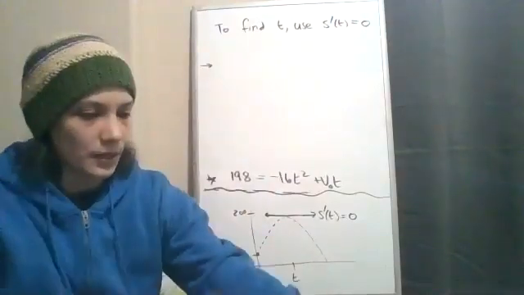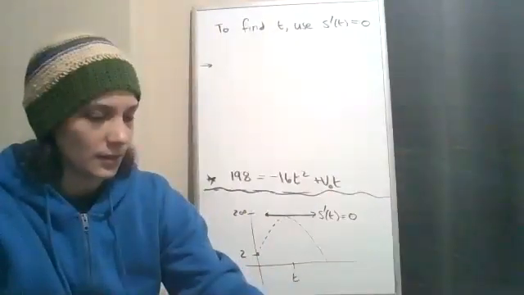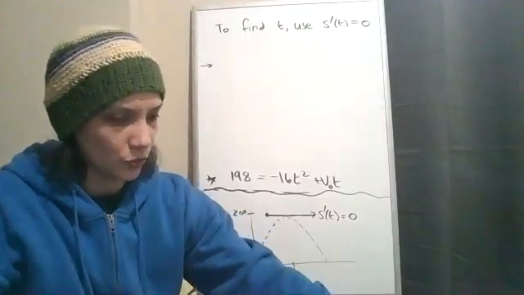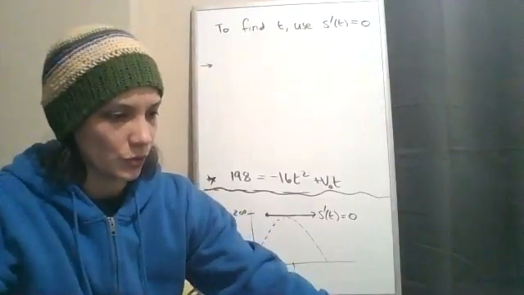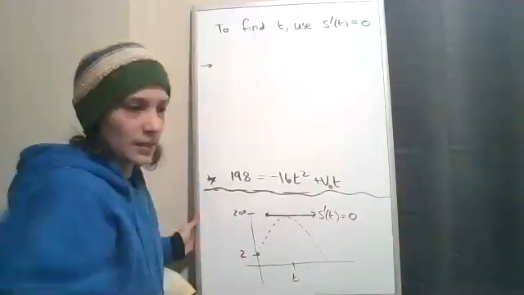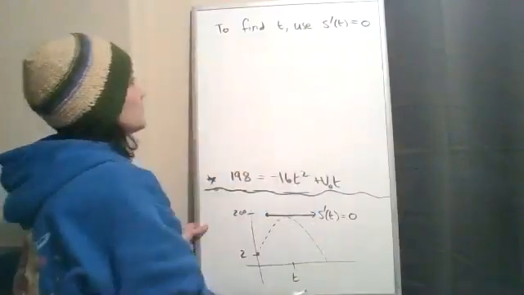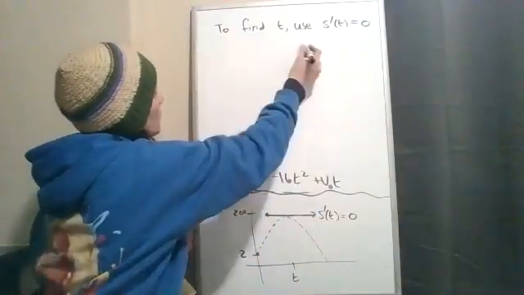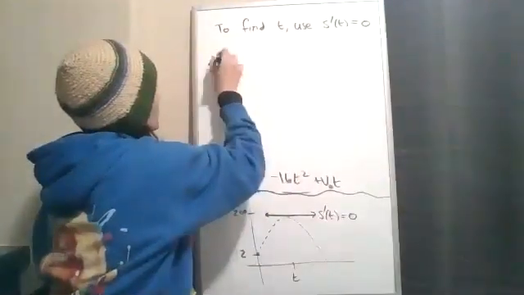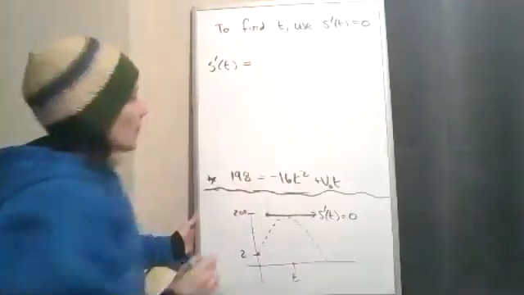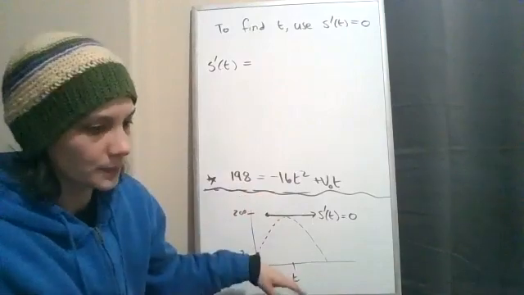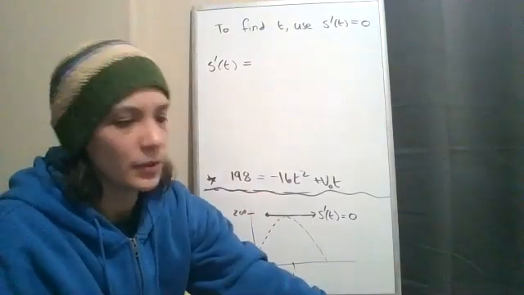In the velocity function, which we need to find, we're just taking a derivative.